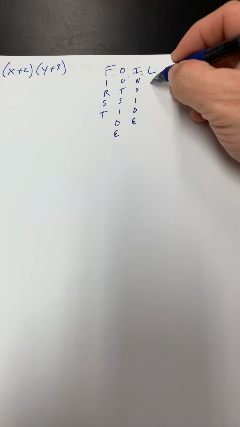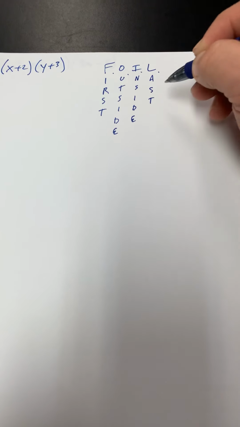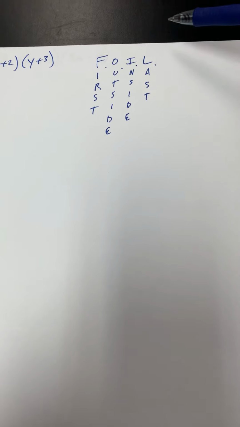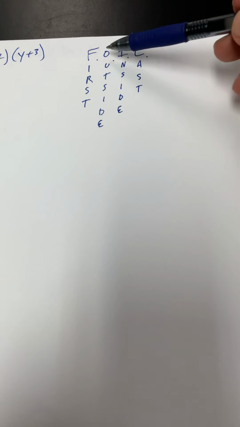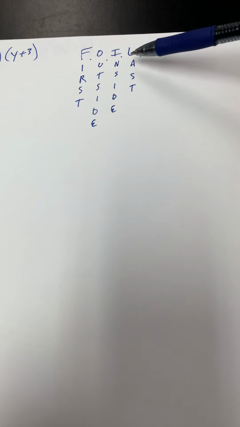And then this stands for last. So you want to make sure that you're reading this from the top to the bottom, not from side to side, because that wouldn't make any sense. Obviously those don't make any sense. So it's first, outside, inside, last.